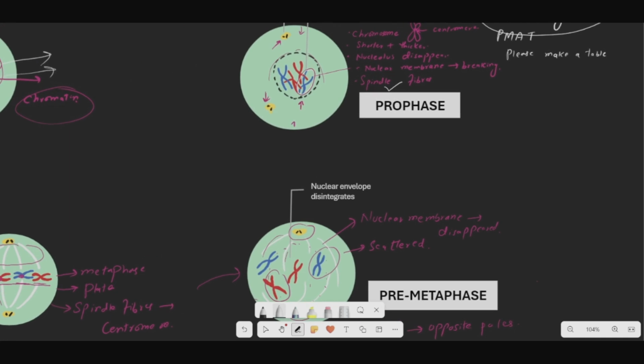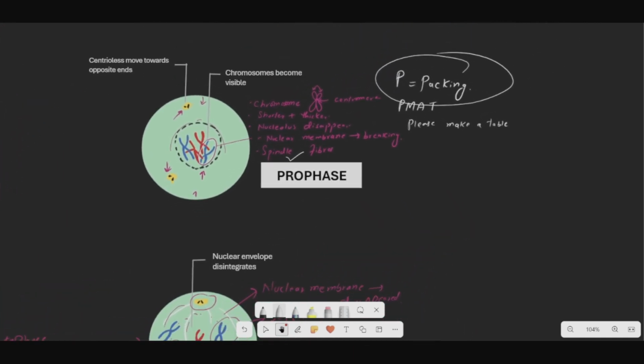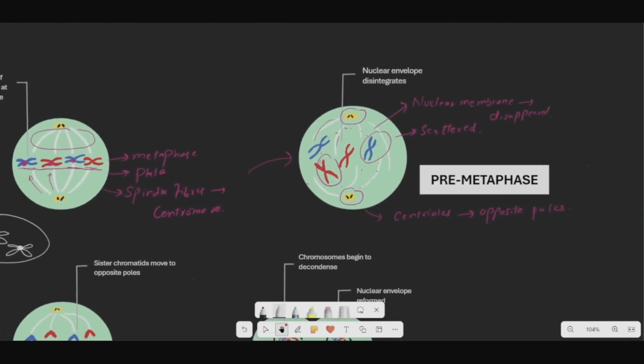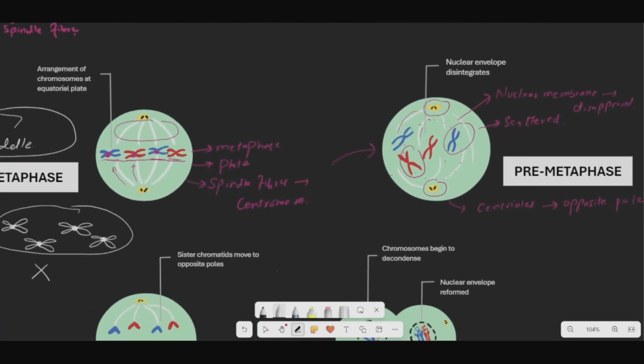So let's quickly review prophase. In the prophase, the chromosomes become more and more visible, short and thick, the nucleolus disappears, and the nuclear membrane starts breaking. The spindle fibers start originating, not properly forming. Then comes the pre-metaphase stage, where the nuclear membrane has completely disappeared and the chromosomes are scattered in the cytoplasm.